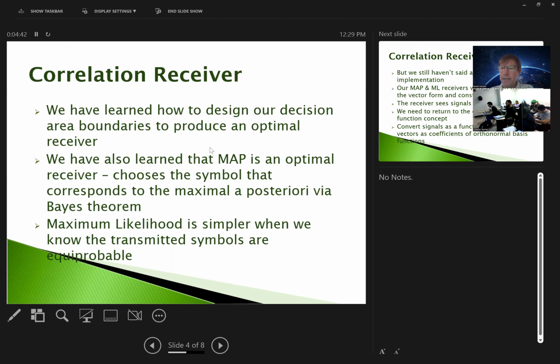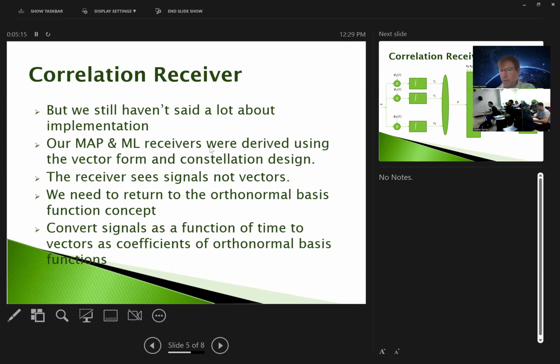But it's the idea that at the receiver we're making observations, and we're trying to infer what was actually sent, right? So the maximum likelihood receiver is simpler when we know that the transmitted symbols are equally probable. So we know all that, right?